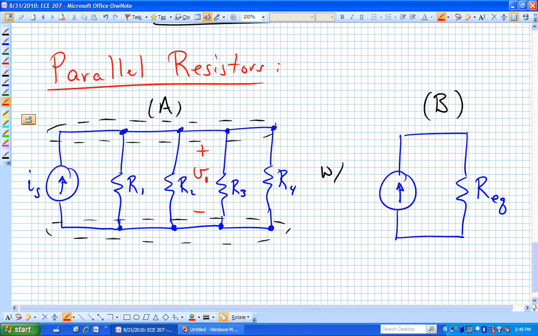It's the same voltage. Likewise over here, we have 2 nodes. How are we going to find this voltage, if these are equivalent? Whoops, that should have been I sub S.